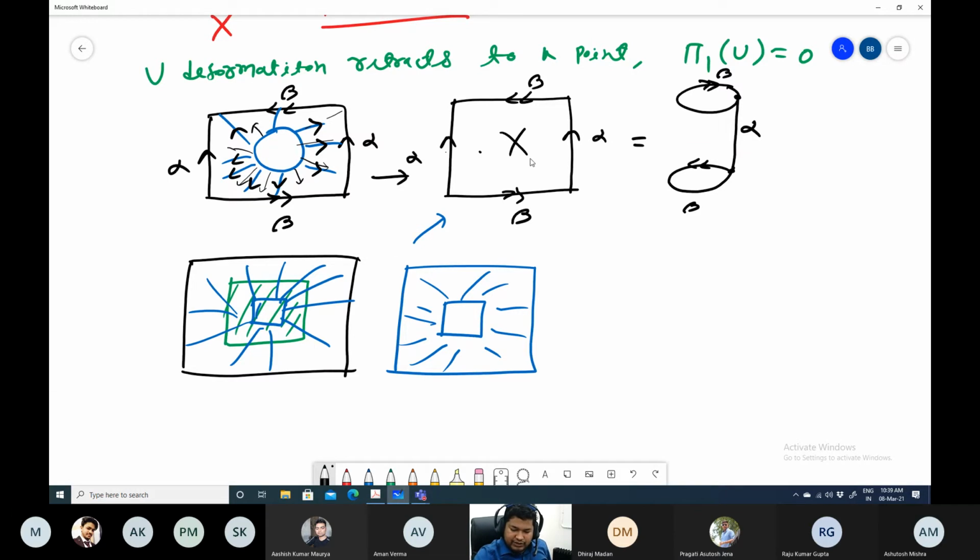Now this deformation retracts to this one. That means we have only four edges with these identifications. Now if we identify this alpha with this alpha, then we get this figure. Now beta forms a circle here. Again we identify this circle with this circle, because we need to identify. So this is my vertex v, that is my alpha, and that is my beta.